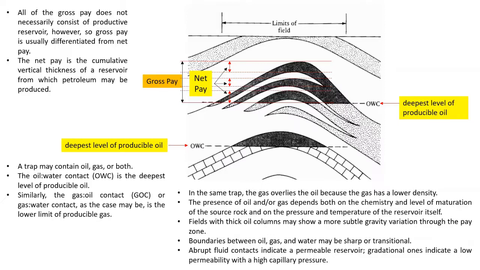So gross is the total, net is what you get in the hand. Similarly, in case of hydrocarbons, suppose there is X amount of hydrocarbon, but depending on the structure, the conditions of the oil field, and the properties of the reservoir rock, it is not possible for us to extract the entire oil.